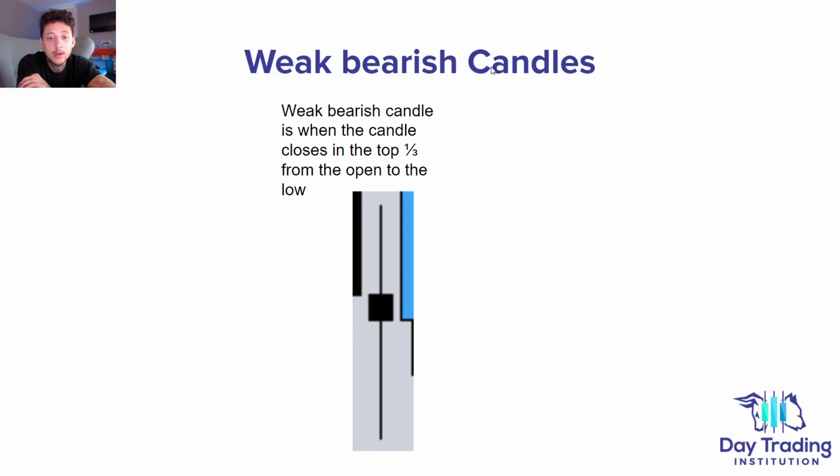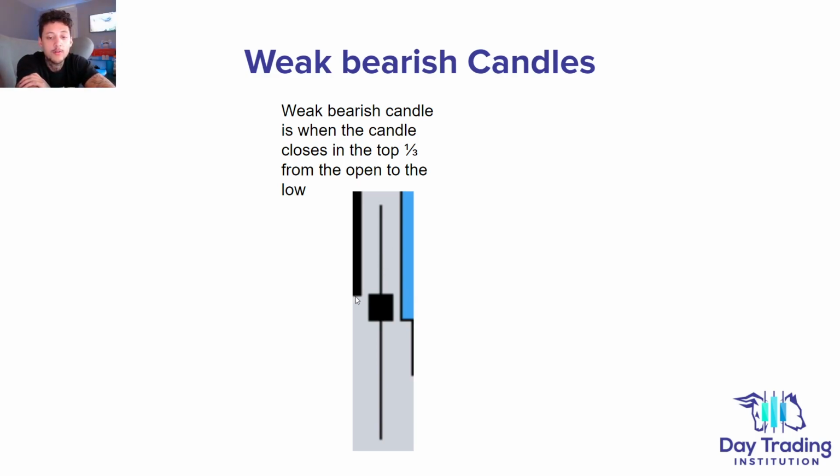Now, a weak bearish candlestick is pretty much the same thing, just vice versa. A weak bearish candle is when the candle closes within the top third from the open to the low. So again, we're always going to open around the same price, but the difference is that when we're measuring a bearish candlestick, we're measuring the low, compared to the bullish candlestick, where we're measuring the high.